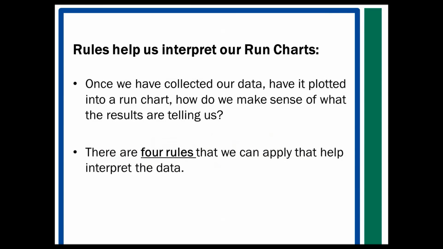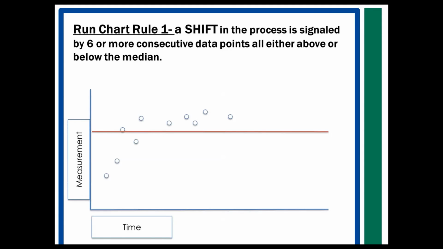So there are some rules that help us analyze our run charts, and we covered a couple of those rules in our training session. And so today we'll go through those rules as well as a couple others that will help us with our run charts. So the first rule that we covered is around a shift in process being signaled by 6 or more consecutive data points all above or below the median.